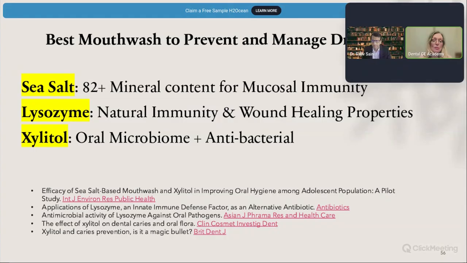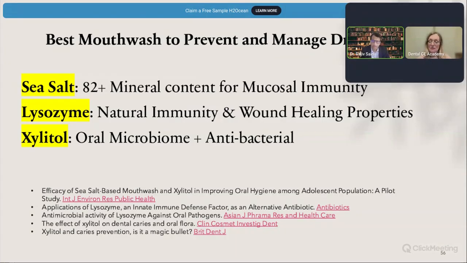Dr. Saini, can you talk a little bit about the properties of lysozyme, and why that's important? Lysozyme is one of the most natural antibacterial enzymes present in the human body. It is a part of our immune system. It is found in various body fluids like tears, saliva, and human milk. So it's our natural defense.